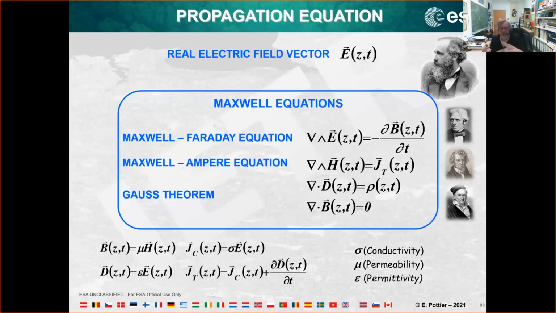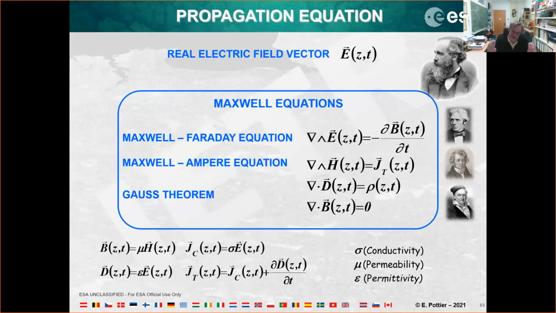Okay, so we have the Maxwell-Faraday equation, the Maxwell-Ampere equation, the Gauss theorem, and we have the magnetic field, the electric field, and the parameters: the conductivity, permeability, and permittivity.